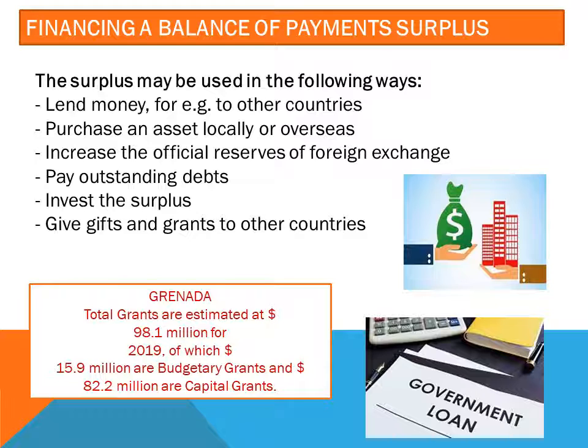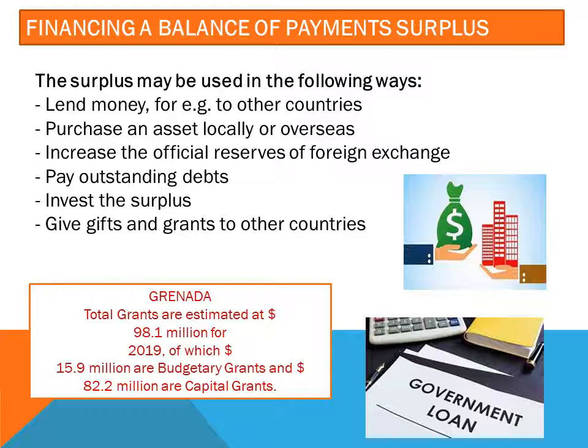Like the Grenada situation, where we had sold off Greenleg shares, majority shares, and now we're looking to purchase that back. Well, I think that was the solution. So you can use your reserves from your surplus to purchase assets, whether locally or overseas. You could increase your reserves, so you can divert more money to reserves. Debts can be paid. You can invest the surplus, and you can give grants to other countries.